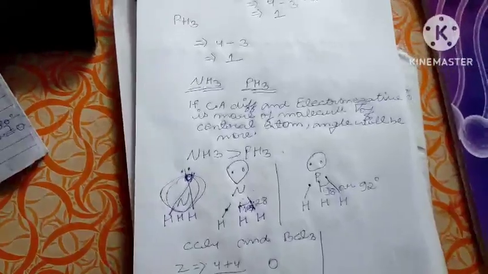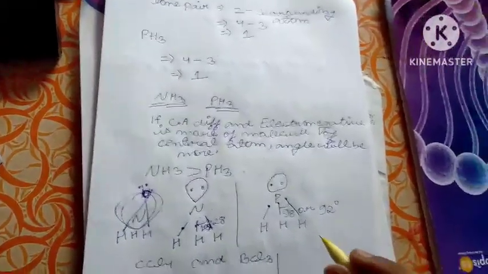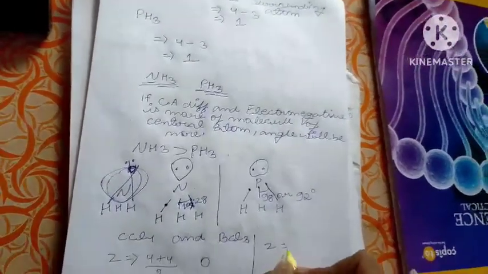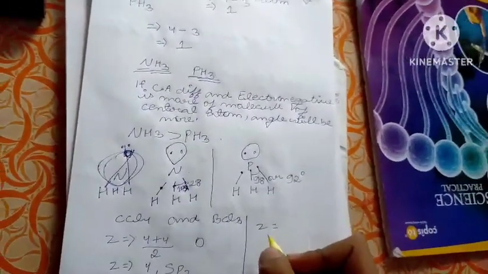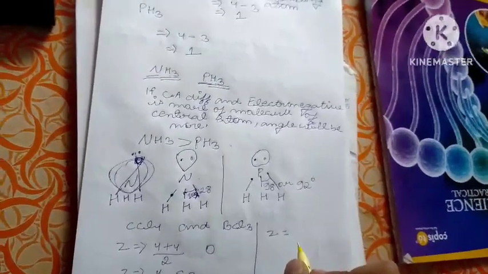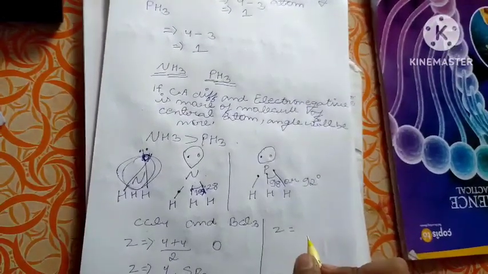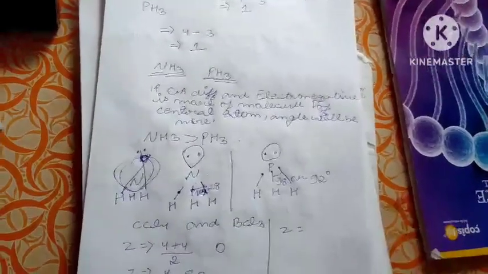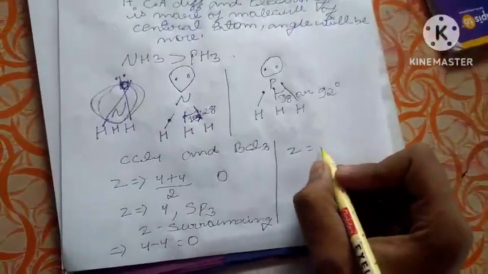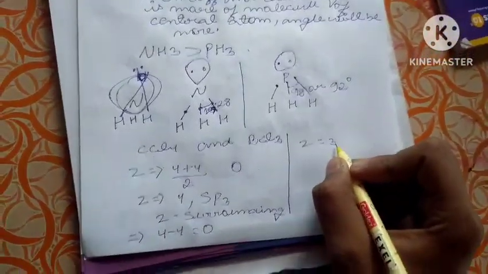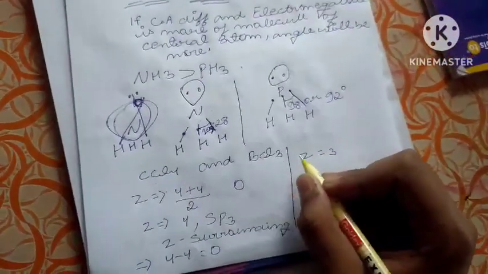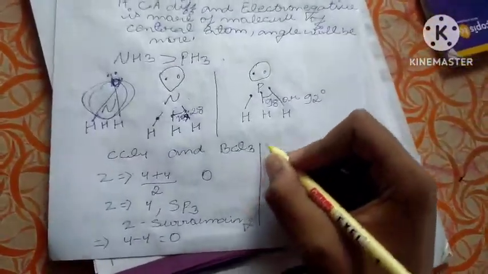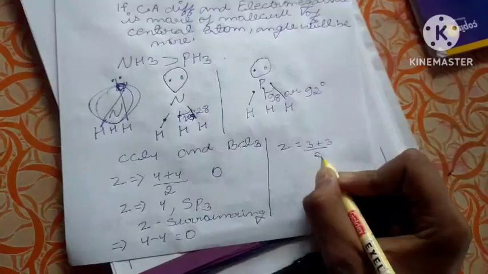And in BCl3, Z equals 3. 3 is the valence electrons of boron, plus 3 monovalent atoms, by 2.